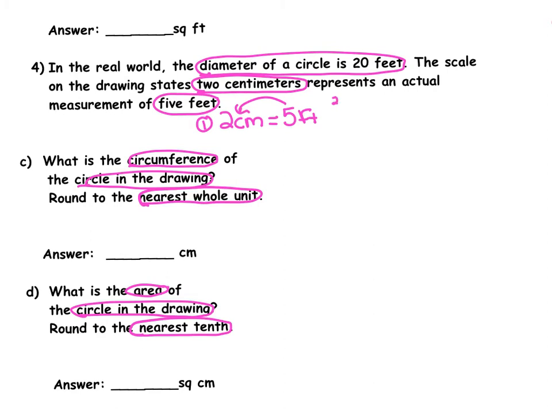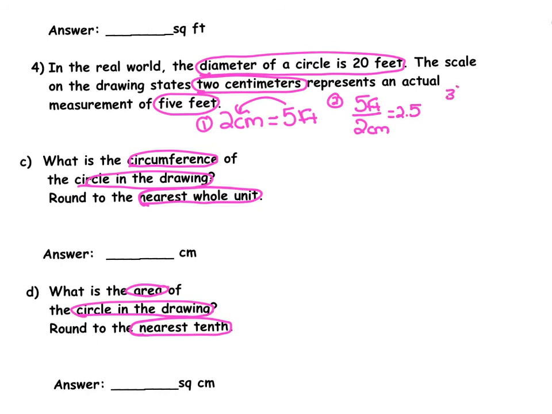Now let's get our rate. 5 feet divided by 2 centimeters. Grab your calculators and just simply punch in 5 divided by 2, or most of you can do that in your head. We get a rate of 2.5.